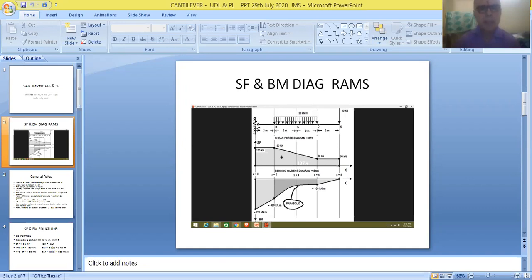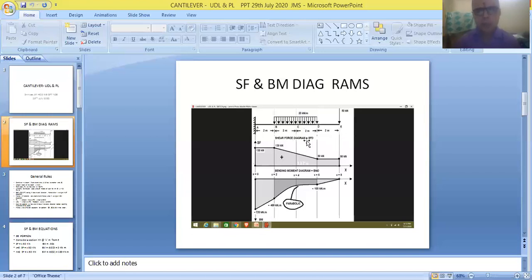It is fixed at the left end of the beam, so it is called a fixed end. These hatched lines are used for indicating the fixed end of the beam. And finally, the right end of the beam is kept in free position, so it is called the free end of the beam.